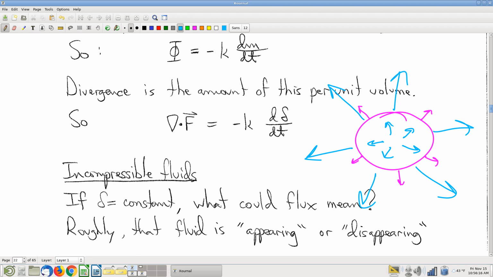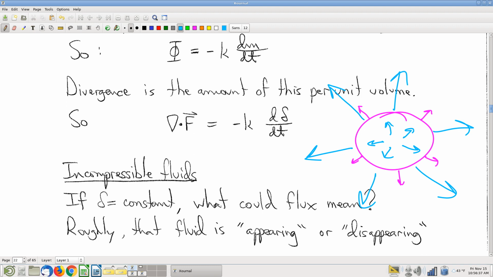And in fact, you start to realize, hey, that's kind of non-physical. Can you imagine, if you had a sphere and water was just constantly shooting out of it? You can't do that, right? Where's it coming from? That's not a steady state thing that water can do.